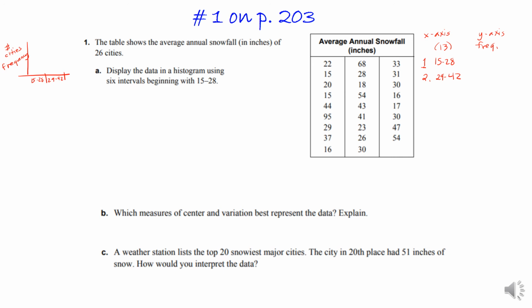So what I do is I make all my bins, and then I just go through it. 22 is in this one, 15 is in this one, 20 is in this one, 15 is in this one, 44 is in number 3, and so on until I get all my numbers figured out for each of the sections. Then you're going to make your histogram. So go ahead and give that a try. Push pause at this point and come back when you have got your histogram made.